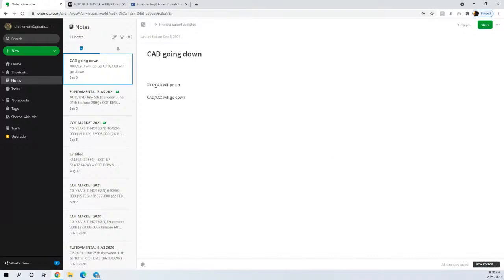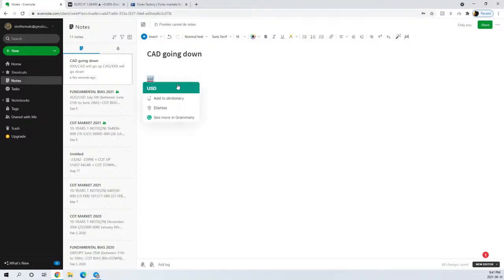I gave an example beginning of the week, but if the CAD is at the end of the currency, let's say if it's a USD, but the USD is going up and the CAD is going down. If the actual currency is going up and it's against the CAD, it's going up, right? Same thing if the CAD is against anything that is going up on their end, the CAD will continue to go down.